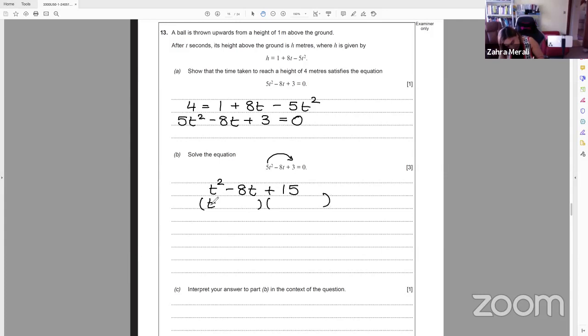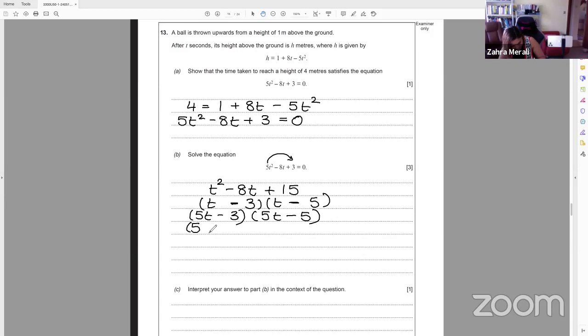All right, so we'll get t and t. Hopefully you see that that's going to give you 5 and 3, and it's going to be minus for both of them. 5, 6, 7, 8. Yeah. And then you've got to give the 5 back. So you get 5t minus 3, 5t minus 5.